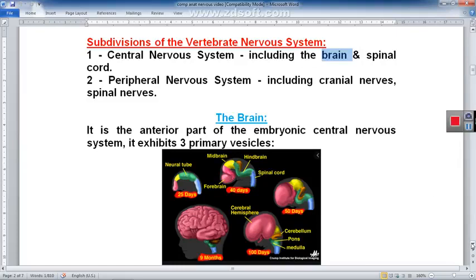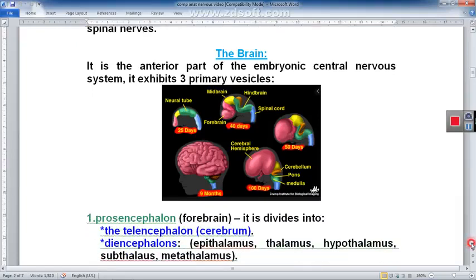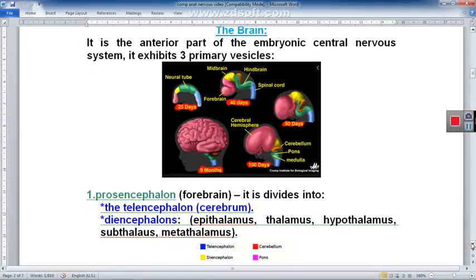Generally, the brain is described to be formed of 3 vesicles in early embryonic life. These vesicles are forebrain, midbrain, and hindbrain.